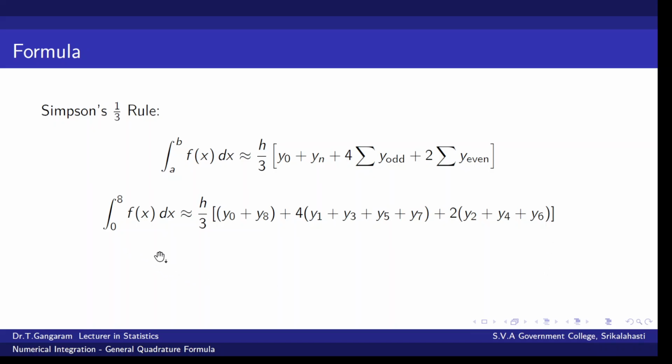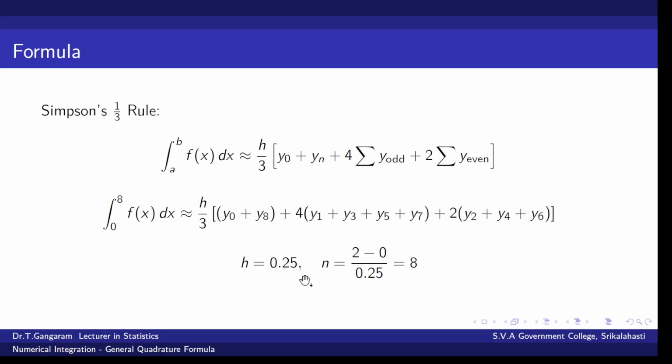Here, by using h is equal to 0.25, we can divide the area into 8 equal parts. So, this is the formula for 8 intervals, h by 3 into first term plus last term plus 4 into odd number of observations, odd multiples, plus 2 into even number multiples.